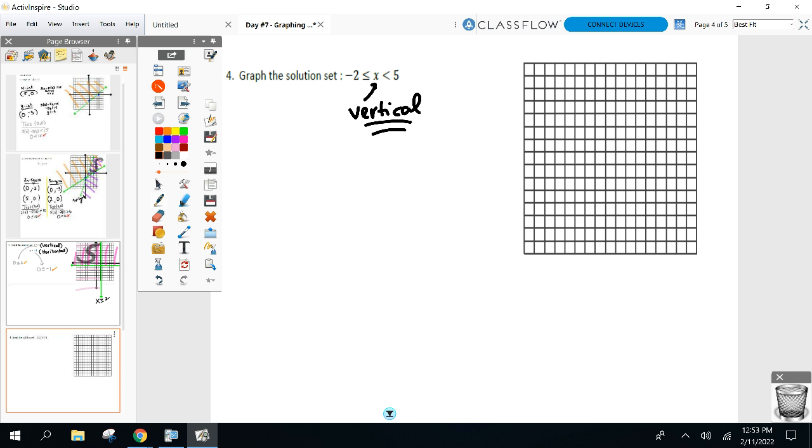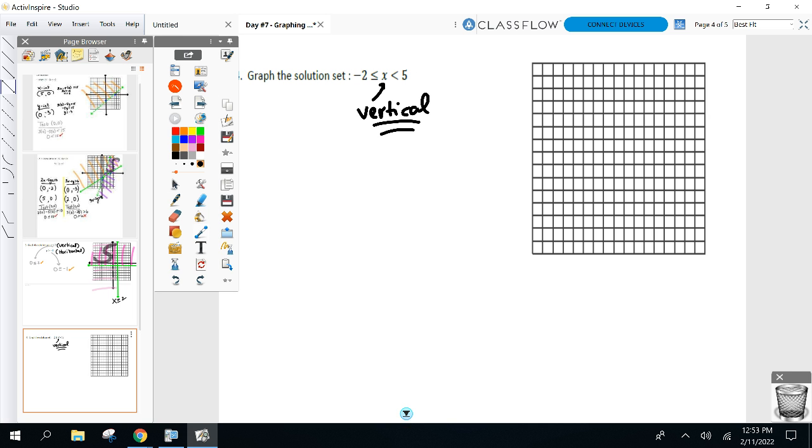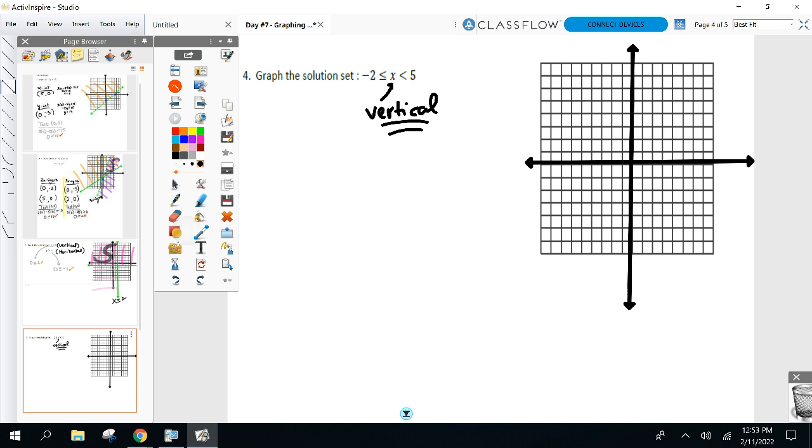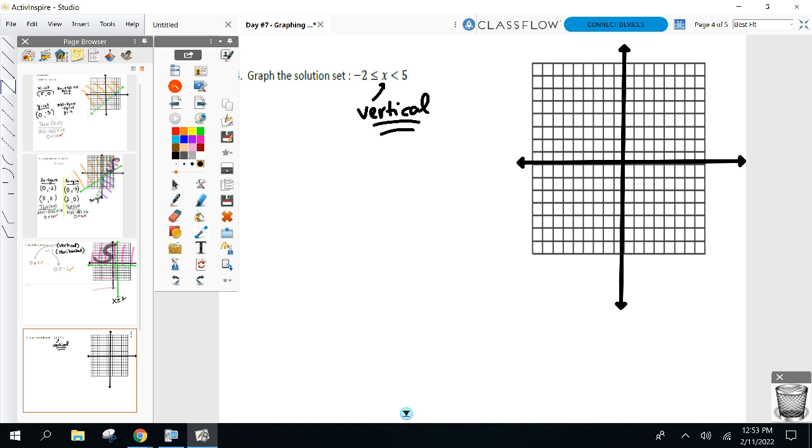Just do your X and Y axes, please. Be careful here. When you go to -2 and do a vertical line, what type should it be?